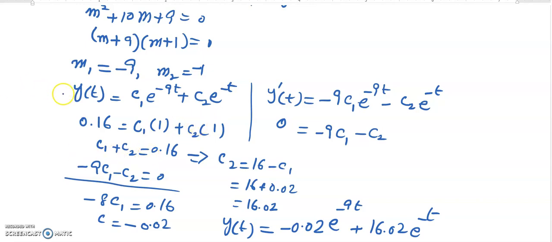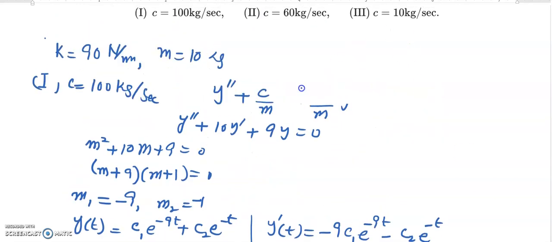I made a mistake earlier, it is not 16.02, it is 0.16 plus 0.02, so it should be 0.18. Okay, so this is the solution for the first part.